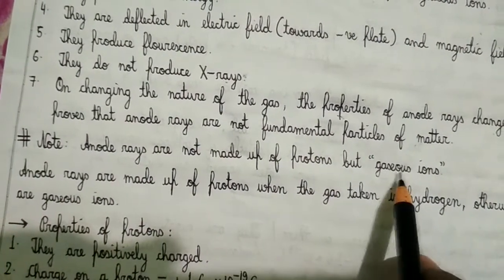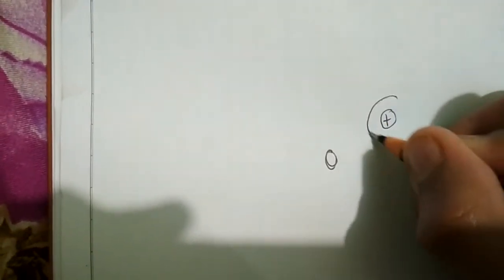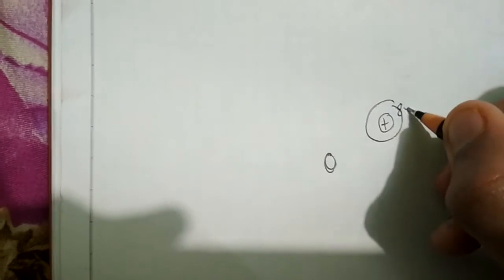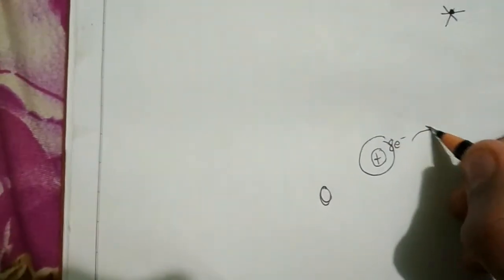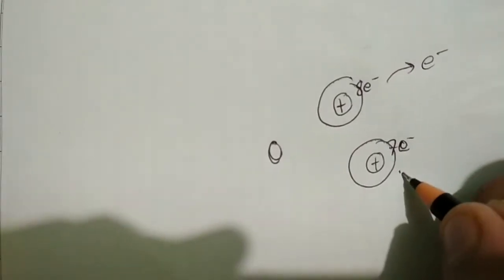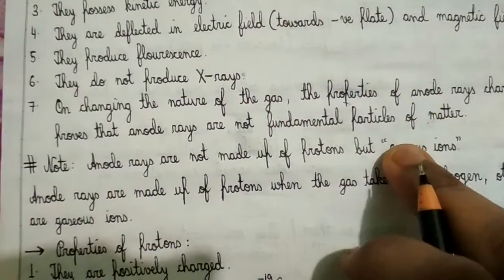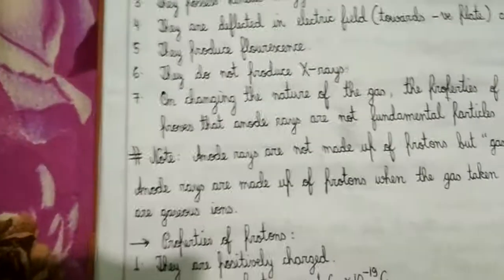Let's suppose you have oxygen: it will have a nucleus and 8 electrons. Let's suppose 1 electron comes out. What will be left? A nucleus of oxygen and 7 electrons still revolving, so it is not a proton, it is a gas ion.